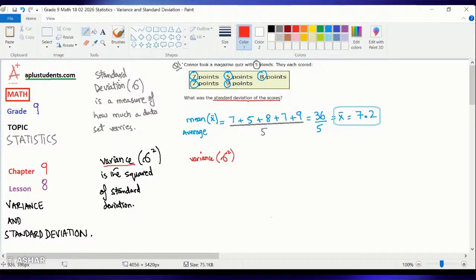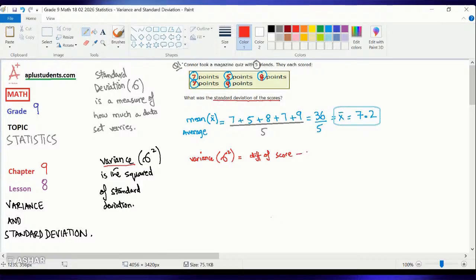So the variance means the difference of score, these are the scores, right? 7, 7, 5, 9, and 8.